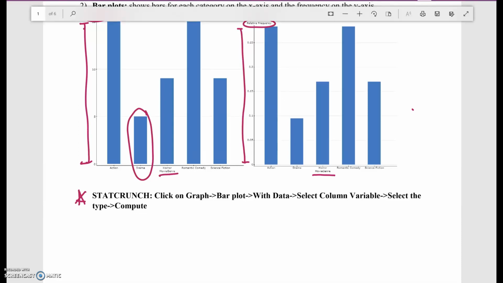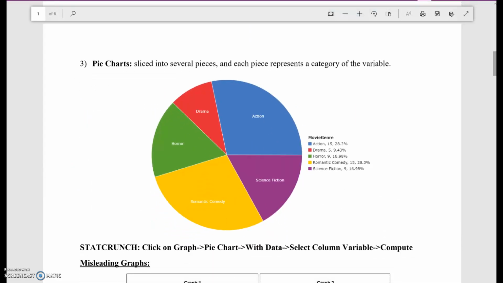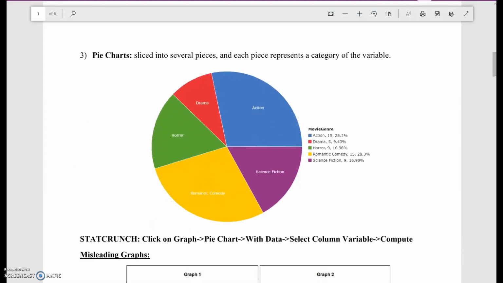And then the last one, which a lot of you may know, and some of you said it in class, are pie charts. So a pie chart is basically this circle that's sliced into several pieces, and each piece represents a category of the variable. If you see, it's the same exact categories as the previous bar plot, but now it's broken up into slices.